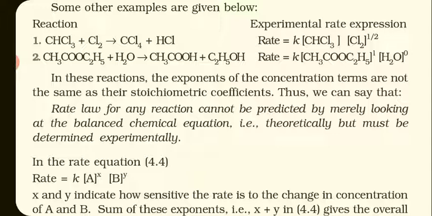The first reaction is when chloroform reacts with chlorine gas to form carbon tetrachloride and HCl. The experimental rate expression is: rate of reaction = k [CHCl3] multiplied by [Cl2] raised to power half.